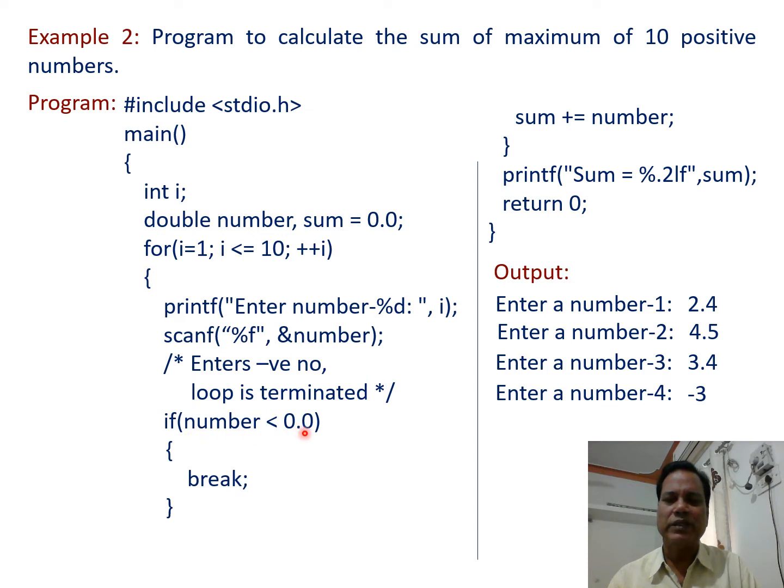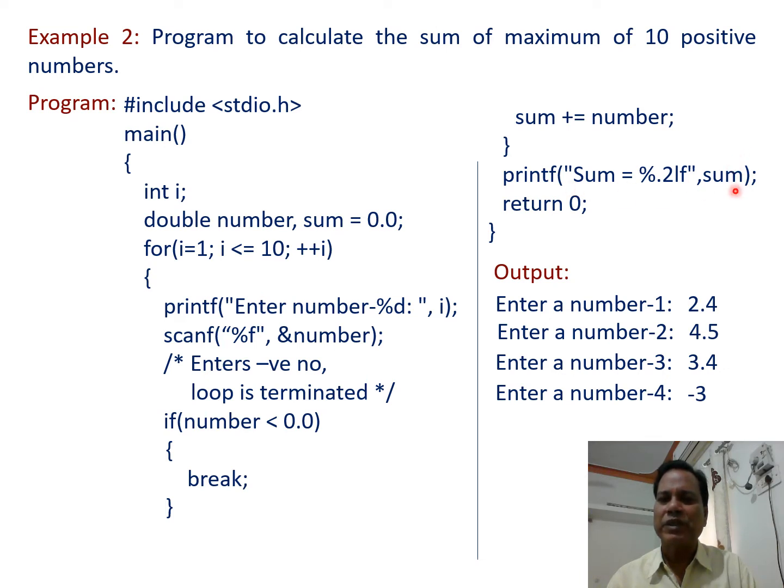When the condition is true, the break statement is executed and control comes out of the for loop statement. Out of the for loop, printf sum equal to %.2lf, comma sum.